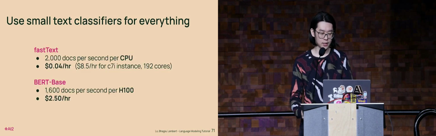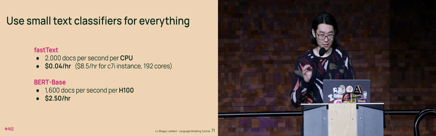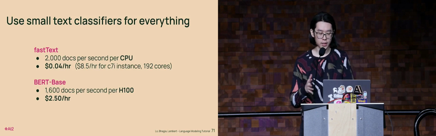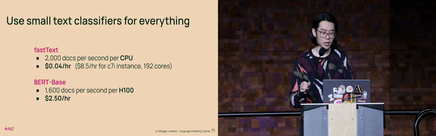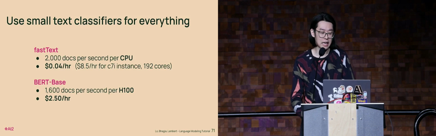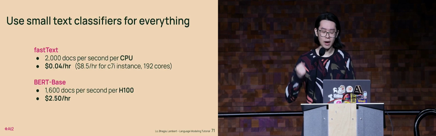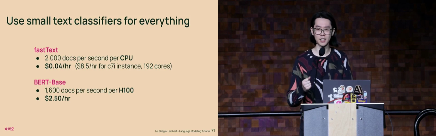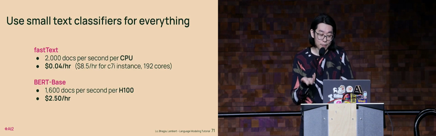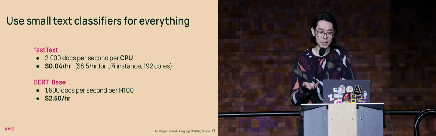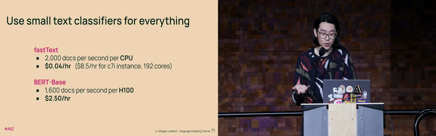fastText classification runs extremely fast, as per the name. Roughly benchmarking, this gives you about 2,000 documents per second per CPU. For some of these instances, this can be as little as 4 cents an hour. Whereas if you want to think about high fidelity text classification with what's considered a small model today, like BERT base, you're probably talking about 1,600 documents per second on an H100.